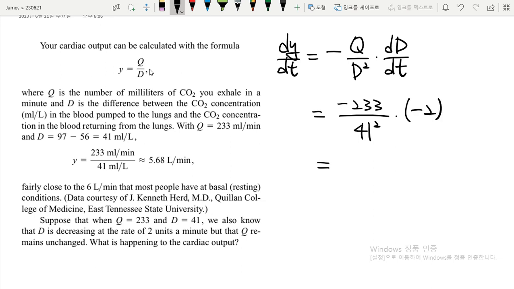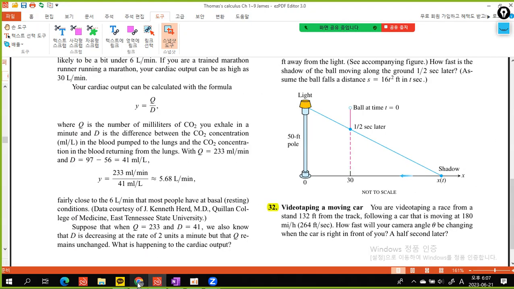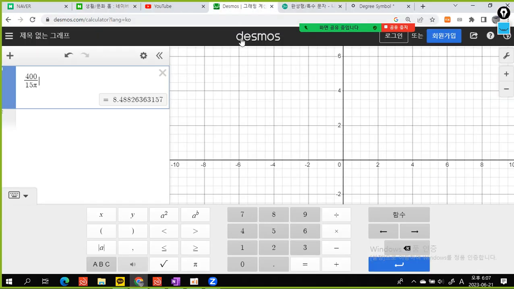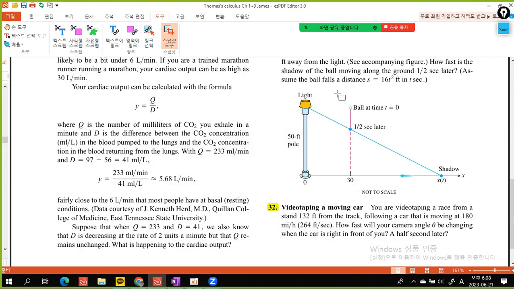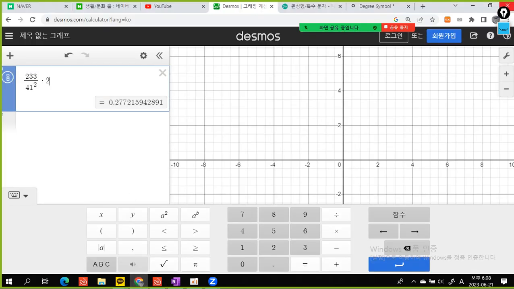So if we find this value, the value is about 0.277.